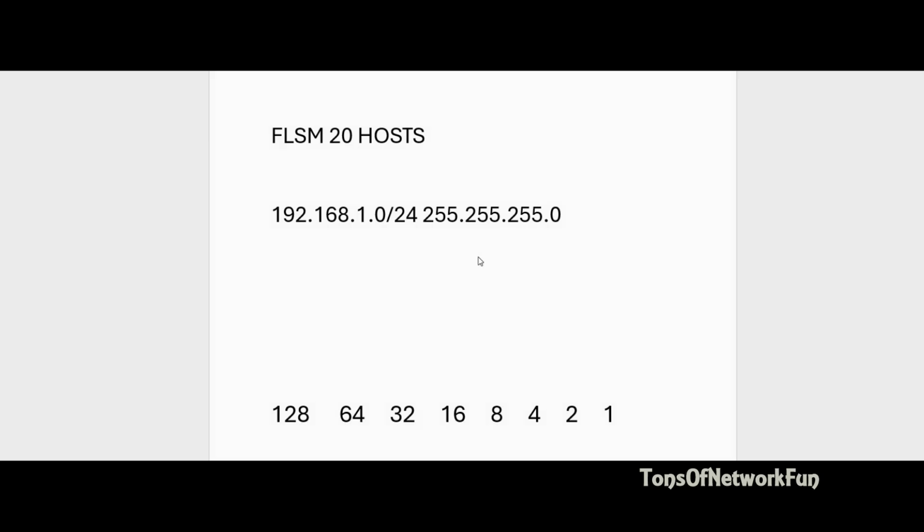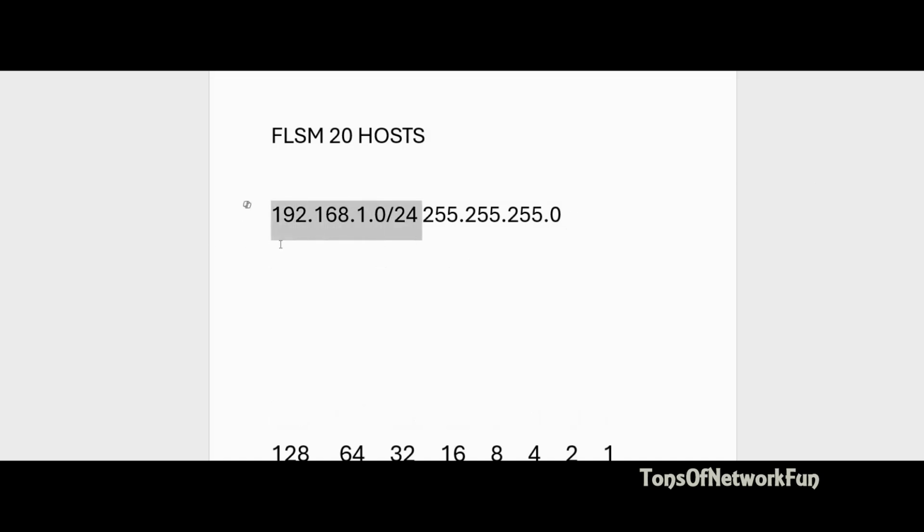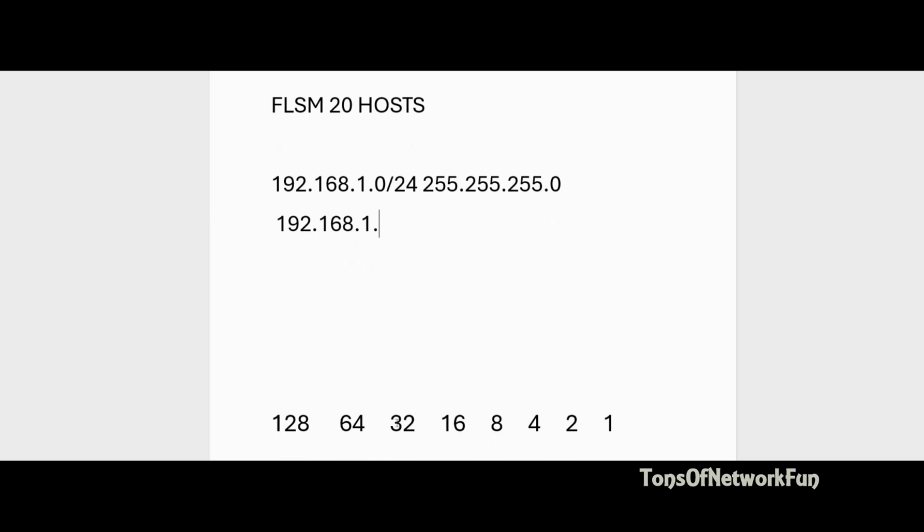We can say our first subnet starts with whatever is given to us here: 192.168.1.0. 32 is our block size, so we cannot go all the way to 32. 32 minus 1 is 31, which will be our broadcast. And we need to find the new slash value, because it's not going to be 24 anymore. So let's find out.